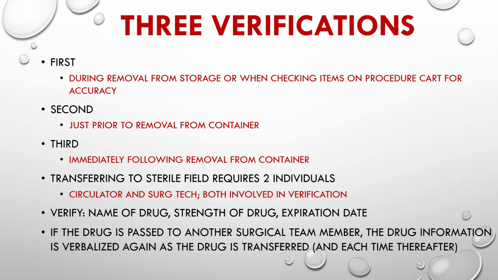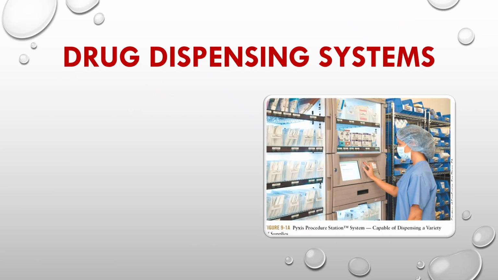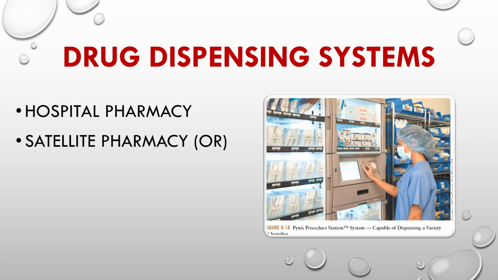Now, the 3 drug dispensing systems, just places that we find medications in the hospital. The hospital pharmacy is going to have the largest supply. We also have satellite pharmacies, like a drug cart, for example, which is either on a floor, in the OR, or just right outside of the OR.